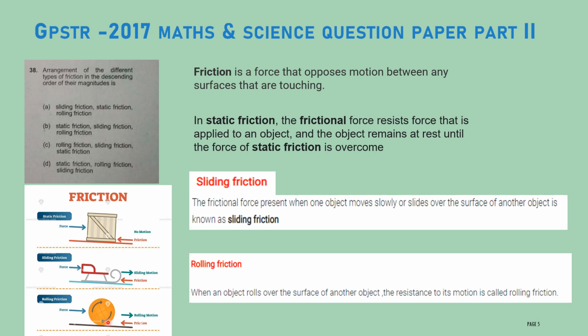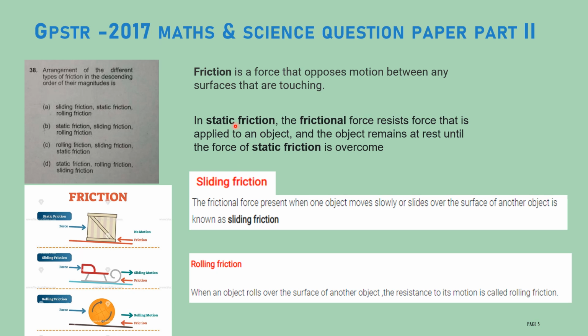Here the contact between the object and the surface will be less compared to the other two types of friction. If you apply less force only, this friction will be overcome, and the object will start moving fast. Therefore, rolling friction needs less energy, otherwise less force, compared to the other two frictions.